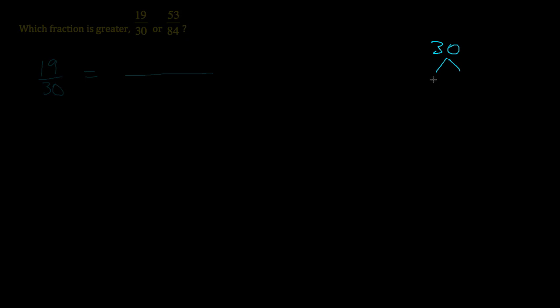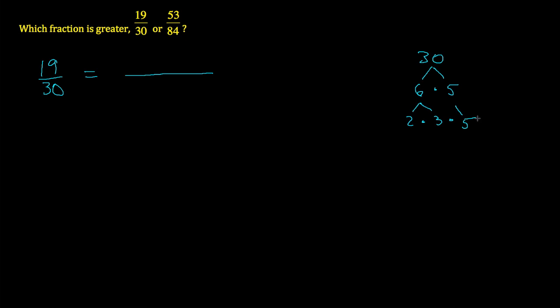So 30 splits down to be 6 times 5, which further divides down to be 2 times 3 times that 5. So I'm going to start by writing this denominator as a 2 times a 3 times a 5, and the numerator to be 19.